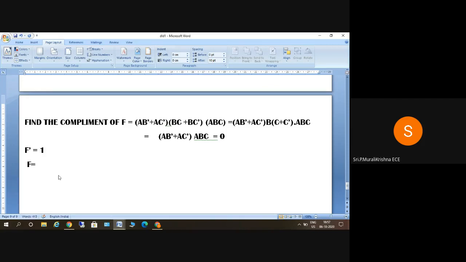Take the next problem. F is equal to ABC whole bar into A bar plus B bar plus A plus B plus C whole bar.